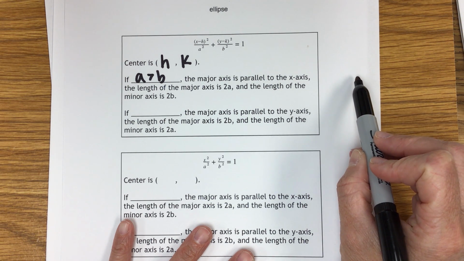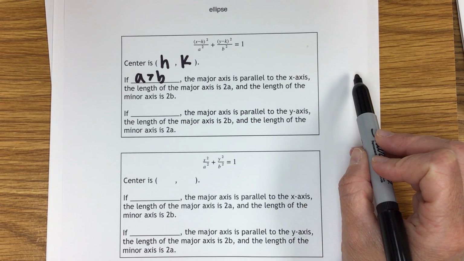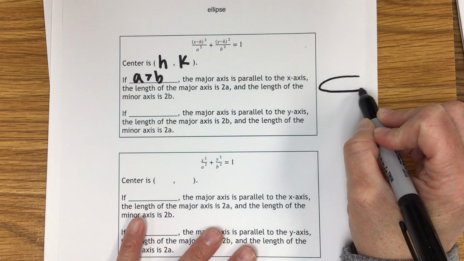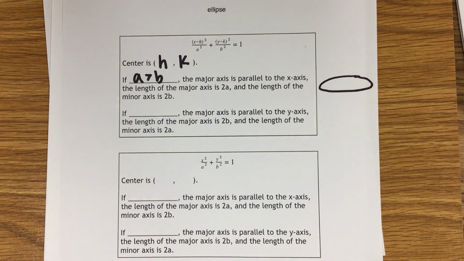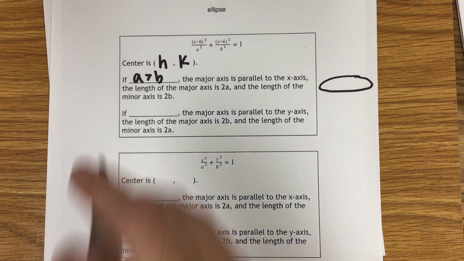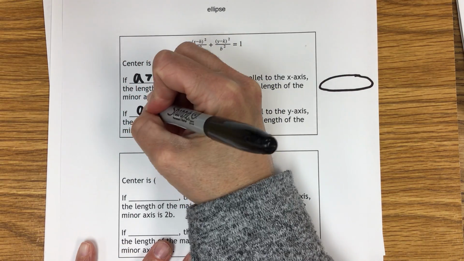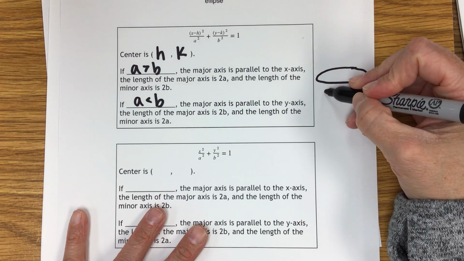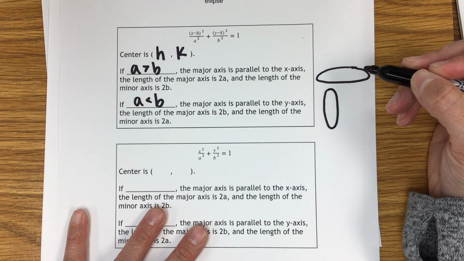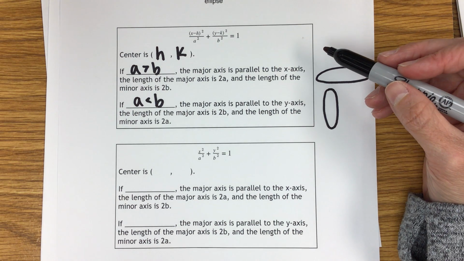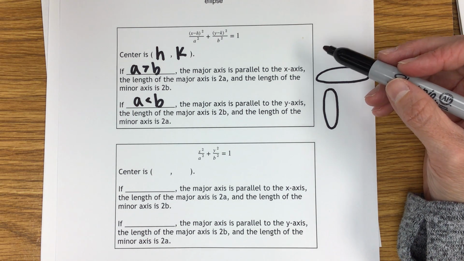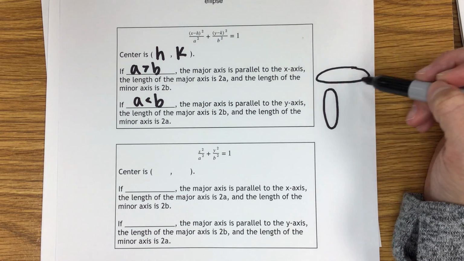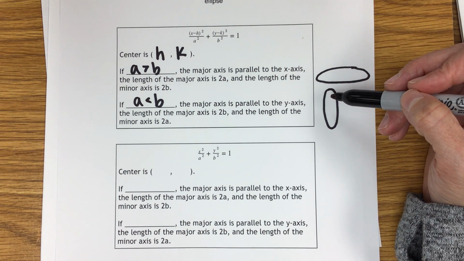I'll show you this in more detail when we do our examples, but it will be longer width-wise than it is height-wise. If a is less than b, then the major axis, or the longer axis, will be up and down. And I'm going to show you as we go through the notes on the back and do examples how you know how wide it is or how tall it is.